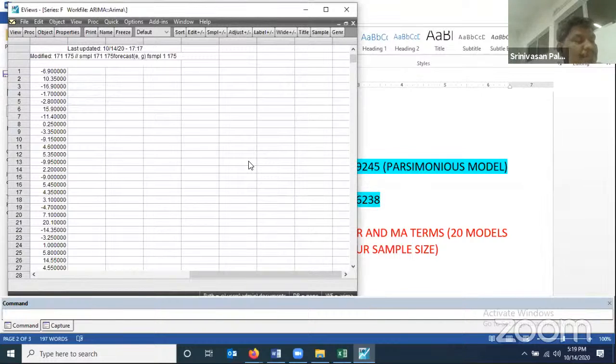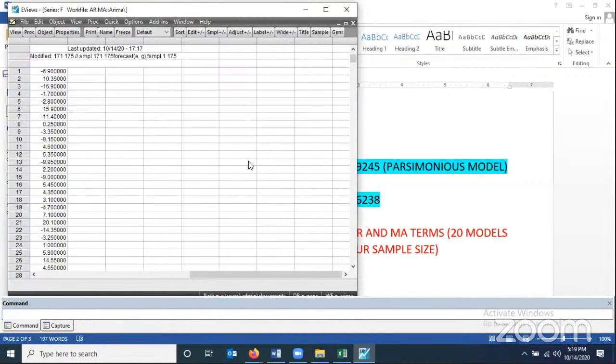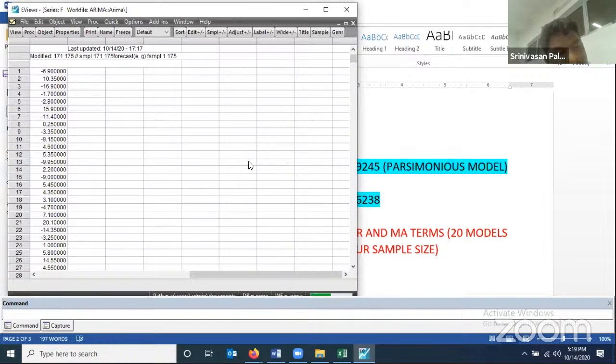It's a necessity, sir, because the prerequisite condition for the ARIMA completely depends on the stationarity process. If you are forecasting a non-stationary variable, dealing with non-stationarity leads to spurious estimation. That is the reason I'm going for the integrated process.